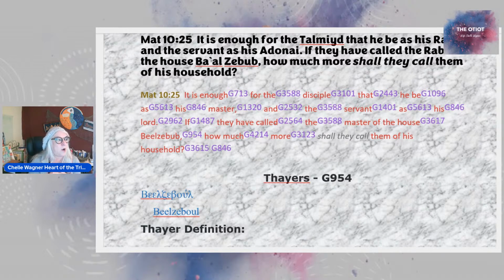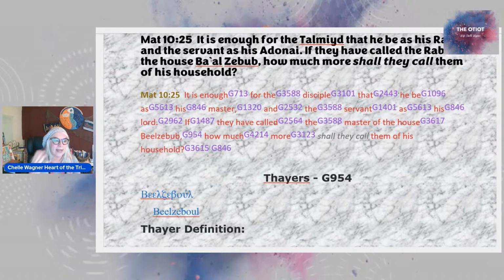It's just like with Yah, when we see all the different names: Yahuah Tzevaot, the Lord of the host of all the angel armies, Yahweh Yireh, the fear of Yahweh.